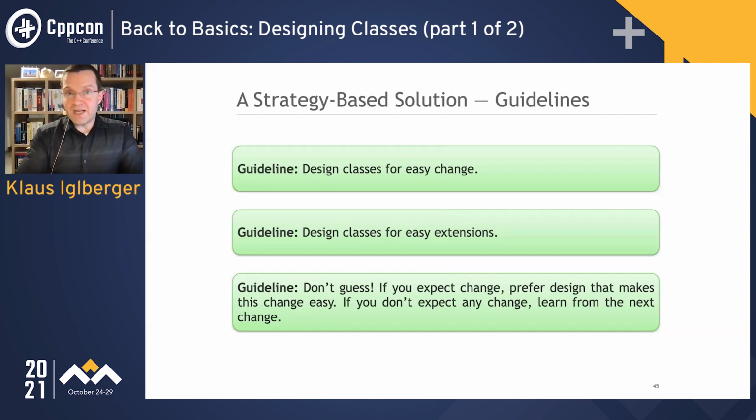But if you have no idea how things evolve, then just wait. Wait and learn from the next change, because that change is going to tell you how the system will evolve. And then you make the according refactoring, and that kind of change from now on will be easy. And that's how it usually should work. Keep it simple and easy to change.